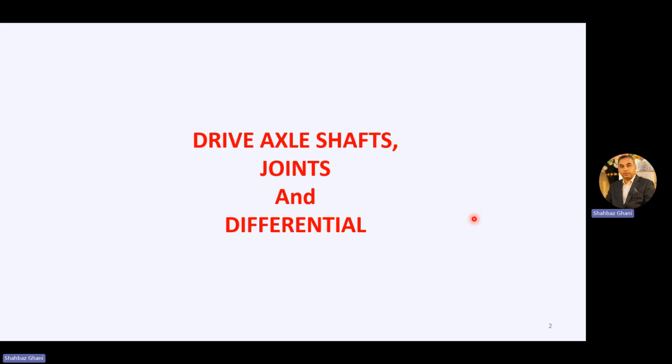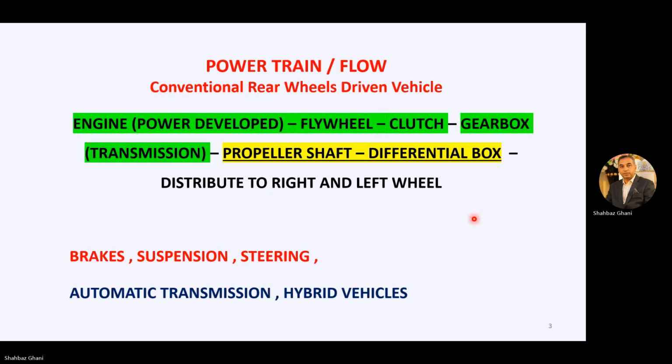This lecture is in two parts. In the first part, we will cover the propeller shaft and joints, and in the next part, we will study the axle shafts and differential. The main slides discuss the powertrain or power flow in a conventional rear wheel driven vehicle.